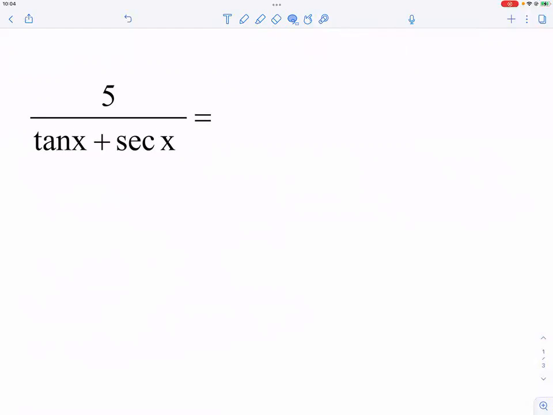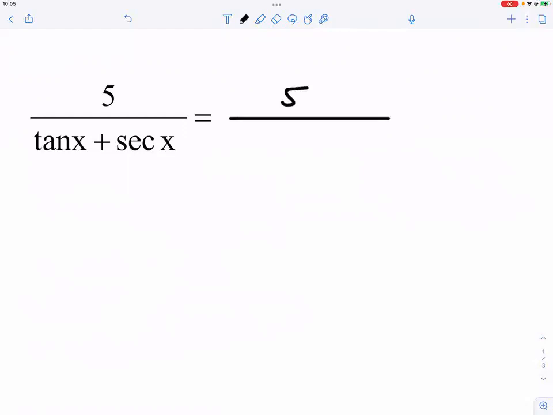What could we do to simplify this? Any idea? Yes? Can you see something special over there if you think that way?